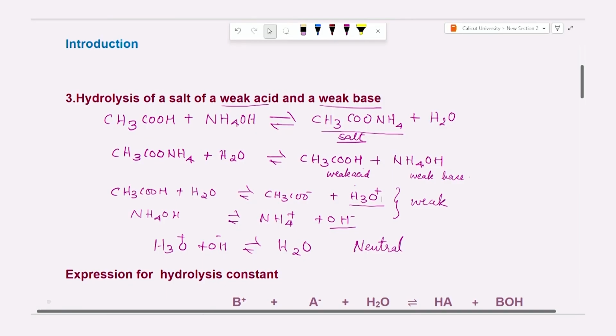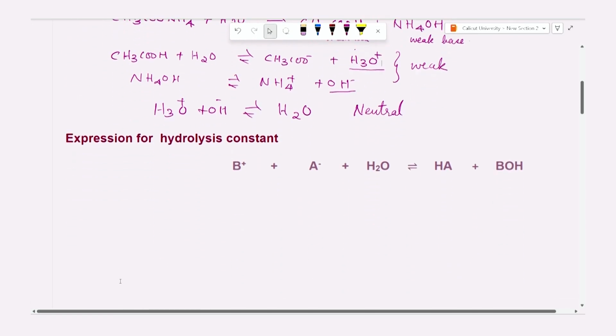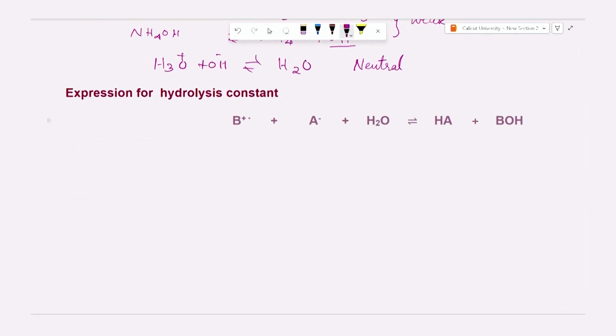Now, let us go for the expression of hydrolysis constant. Here I am going to take the salt, which will be completely ionized into B plus and A minus, which interacts with water to regenerate acid and base. This is a weak acid and this is a weak base. In previous sessions we have checked the dissociation constant of either the weak acid or the weak base as the case appears.